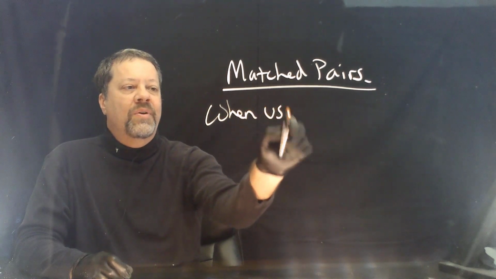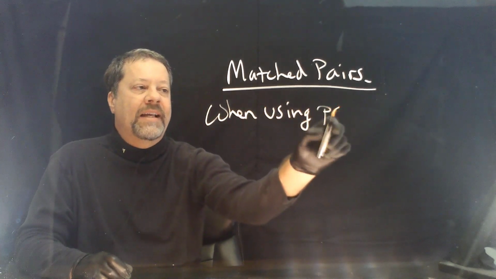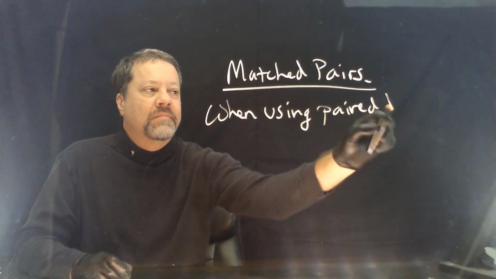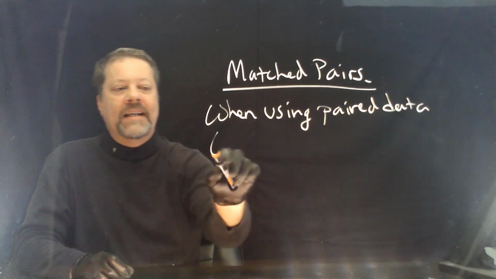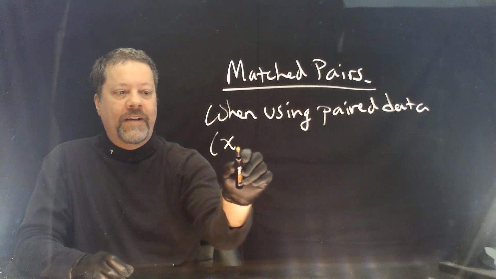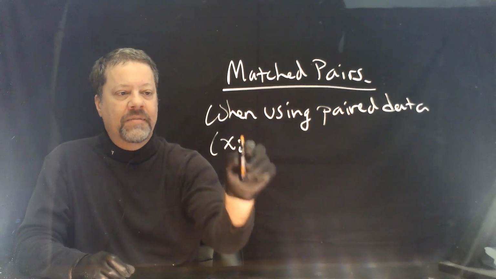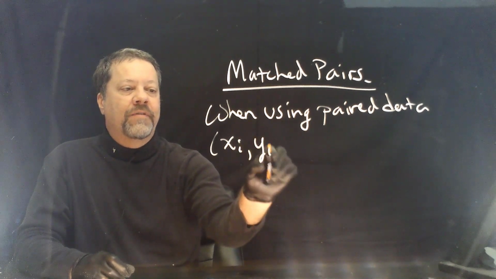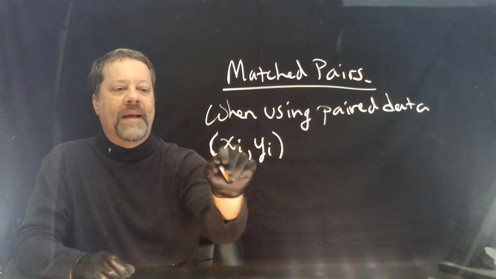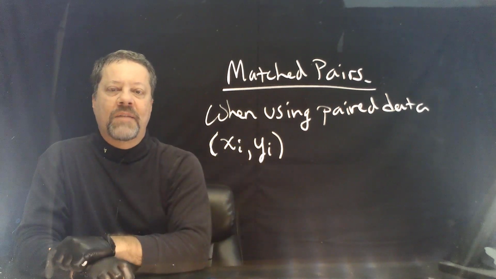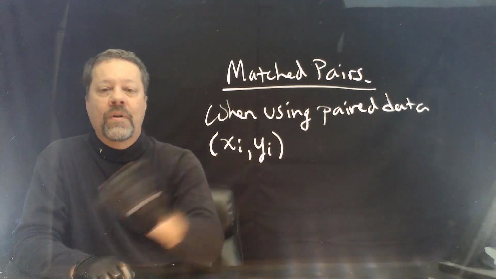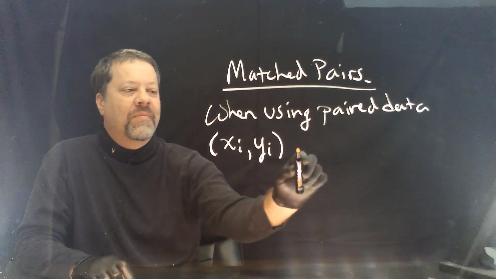When using paired data, we'll assume the data has one value for one of the pairs and another value for the other of the matched pairs. They come in these pairs, and we'll pair them using an ordered pair like this.